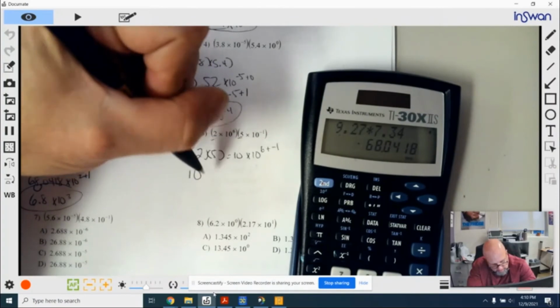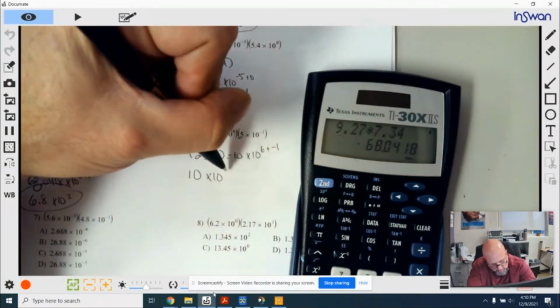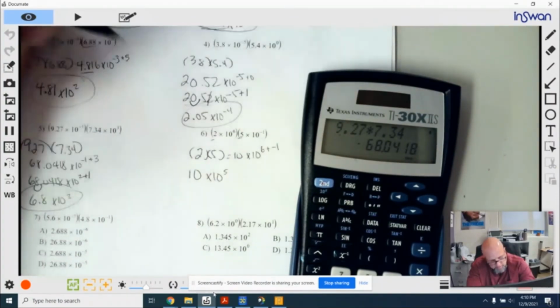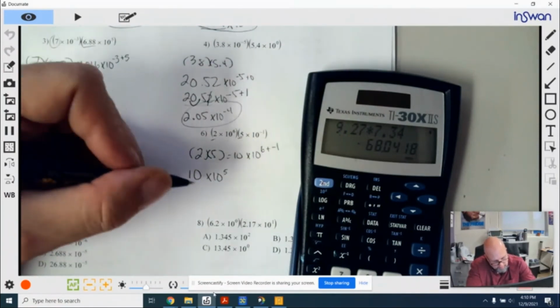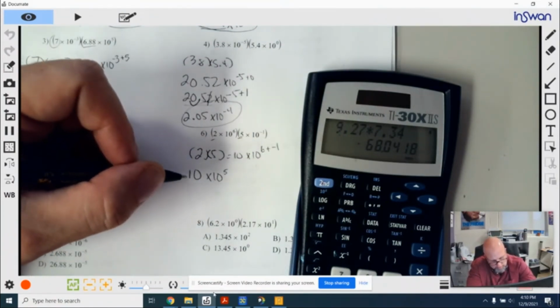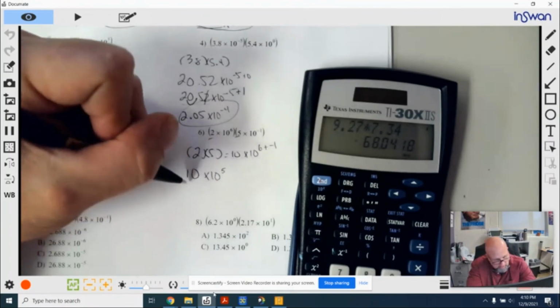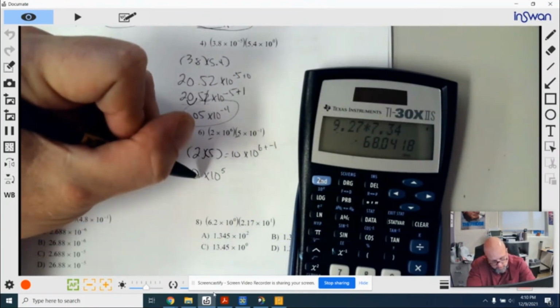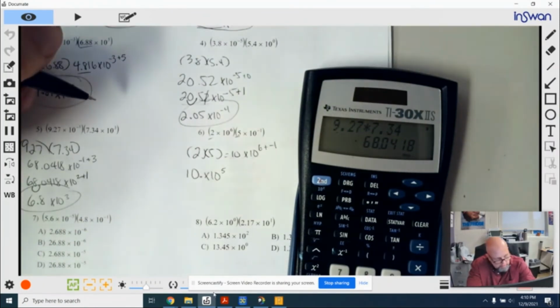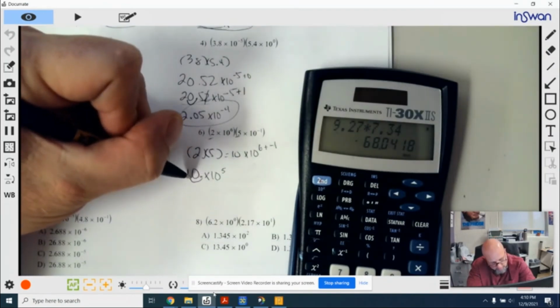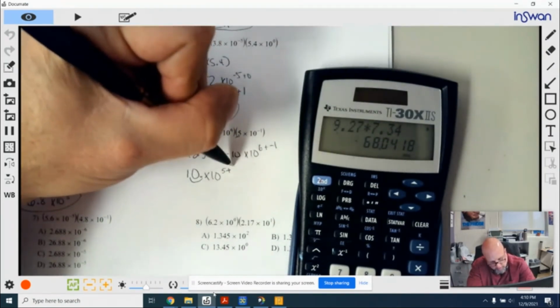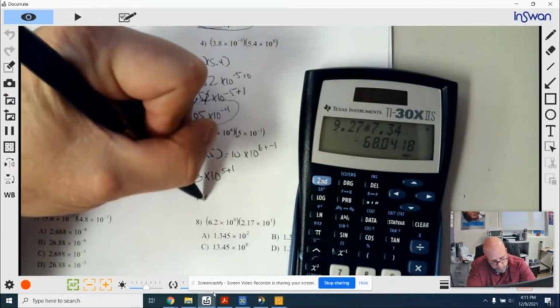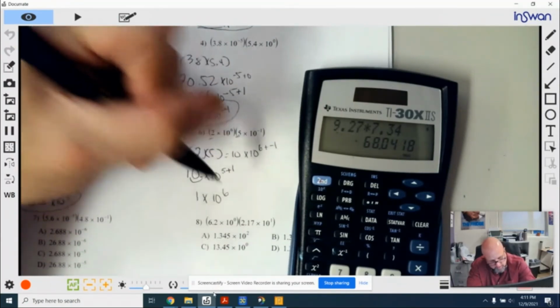So that gives me 10 times 10, 6 plus negative 1 is 5. Okay, now our base number has to be 1 or more, which this is, but it has to be less than 10. It cannot be 10. So right here's where my decimal currently is. I have to move it back 1, which means I add 1 onto this. So I end up with 1 times 10 to the 6th power.